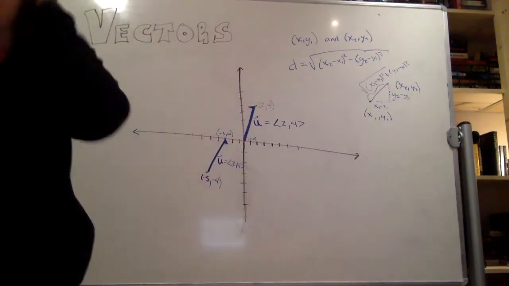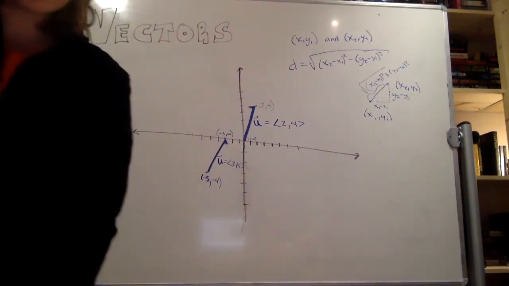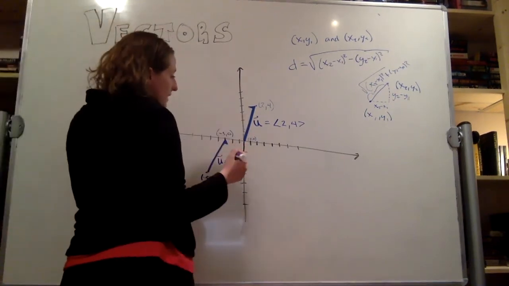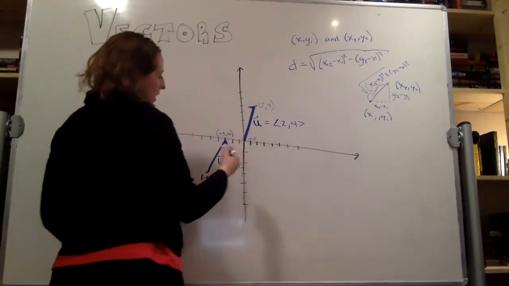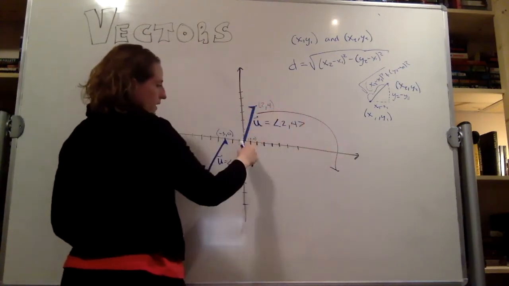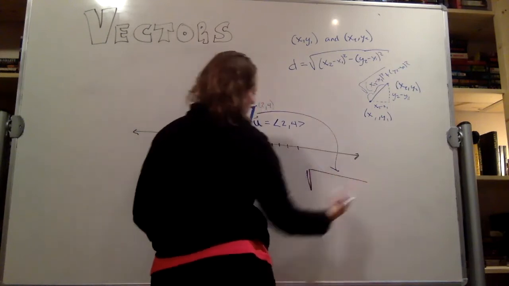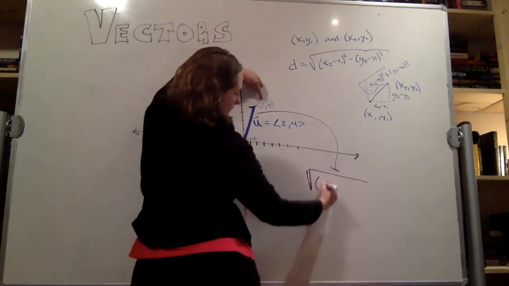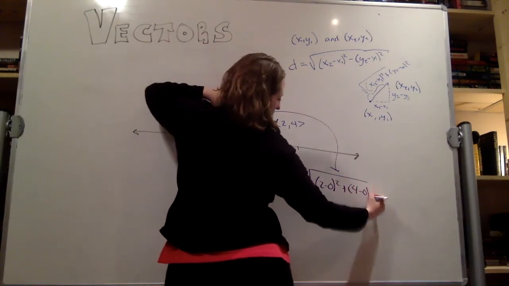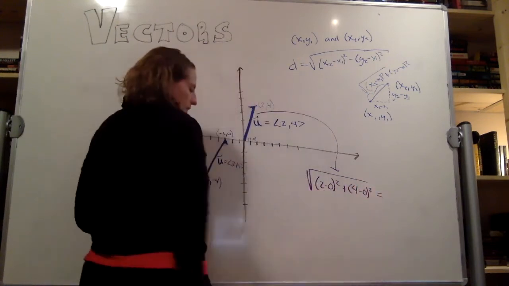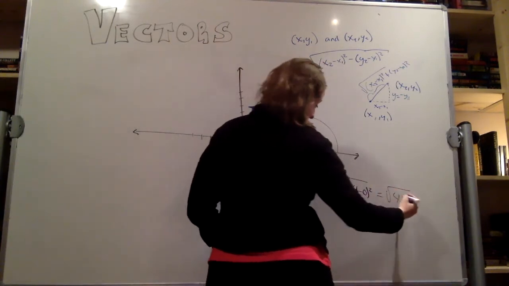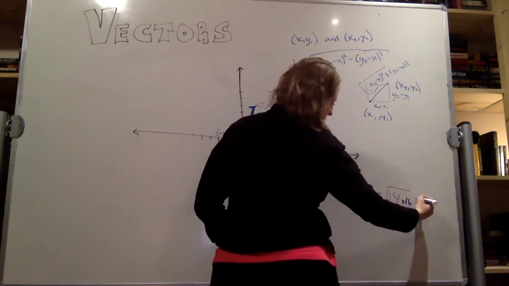Okay. Now, if we apply that distance formula to these 2 vectors here, we should, in theory, get the same thing. So let's check that. So using this guy, I've got 2 points, (2, 4) and (0, 0). The distance between those will be the square root of (2 minus 0) squared plus (4 minus 0) squared. 2 minus 0 is 2. 2 squared is 4. 4 minus 0 is 4. 4 squared is 16. 4 plus 16 is 20.